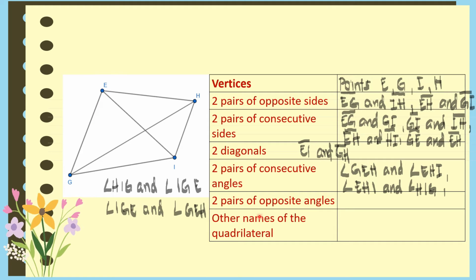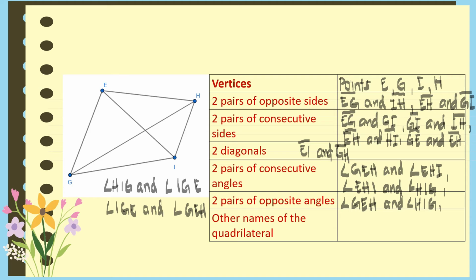Next, two pairs of opposite angles, magkatapat na angles. We have angle GEH and ang katapat na angle ng angle GEH. Angle GEH is this angle, so ang katapat niyang angle ay ito, angle HIG.